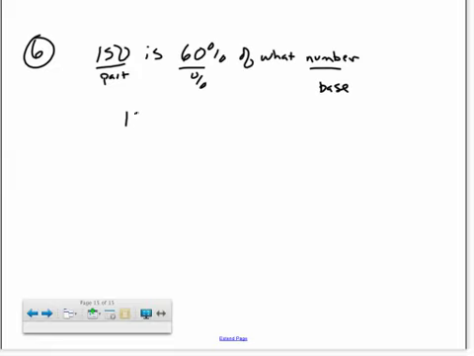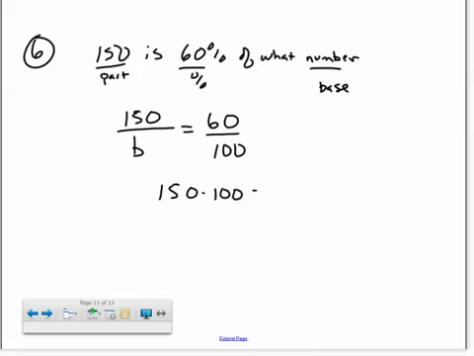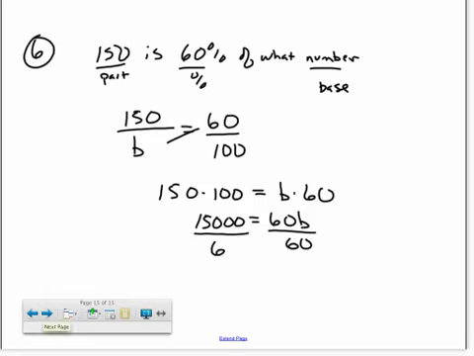And so 150, part over the base, B, equals 60 over 100. So 150 times 100, if we cross multiply, equals B times 60, and so we can now get 15,000 equals 60B.